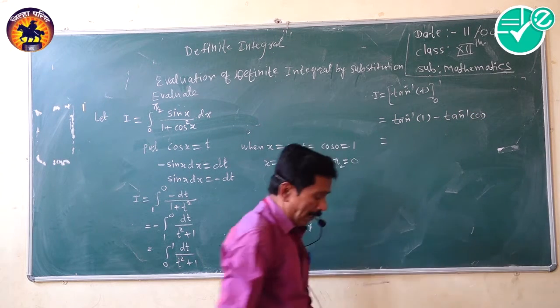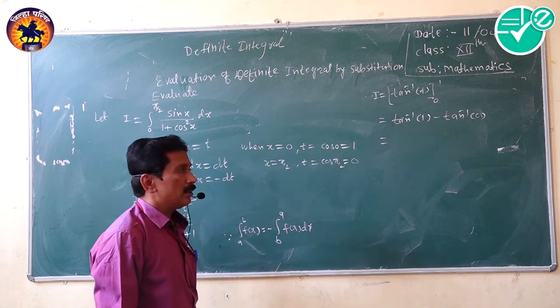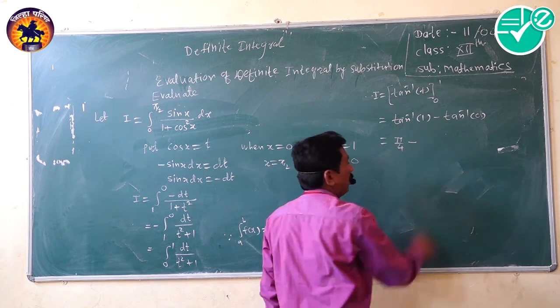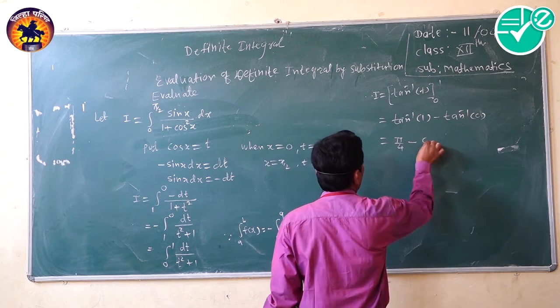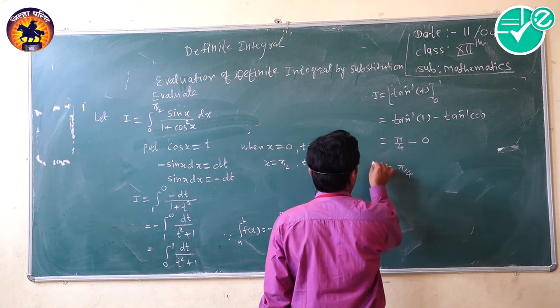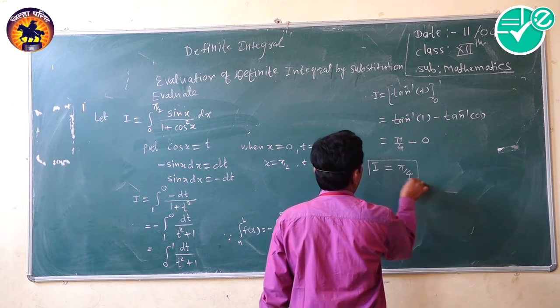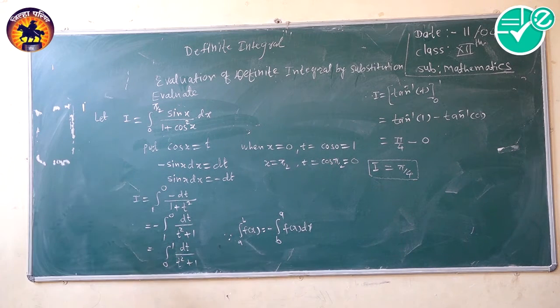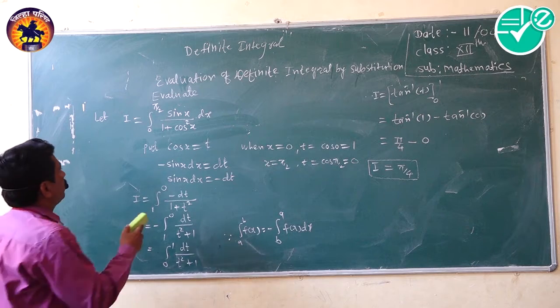Now value of tan inverse 1 is pi by 4 and value of tan inverse 0 is 0, therefore this is nothing but pi by 4, therefore I is equals to, we get pi by 4. This is the final answer of this example.